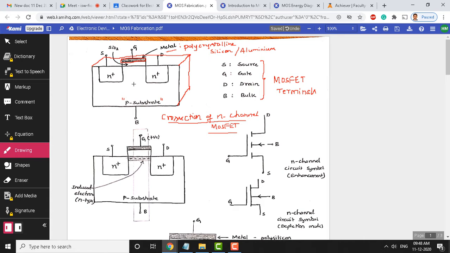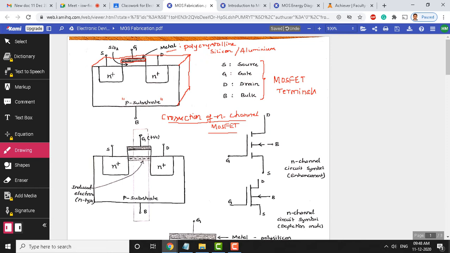What may be the changes you are going to do to construct P channel MOSFET? What should be the type of substrate for p channel? For n channel we have chosen p type substrate. Obviously for p channel this must be n type substrate. So, the substrate should be of n type, and what should be the diffusion, source and drain regions?